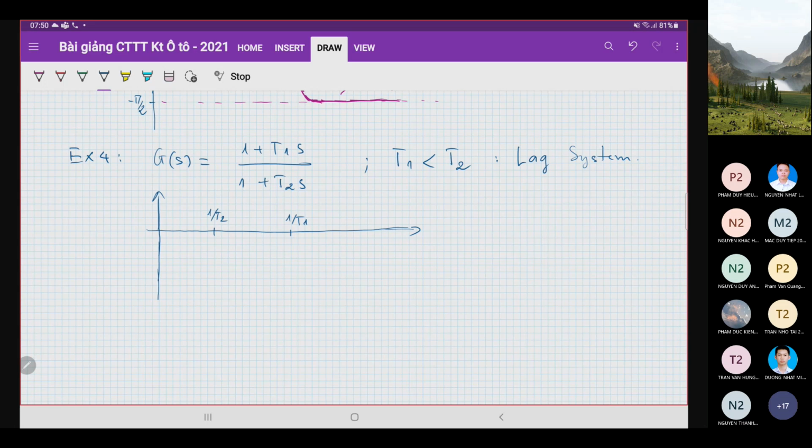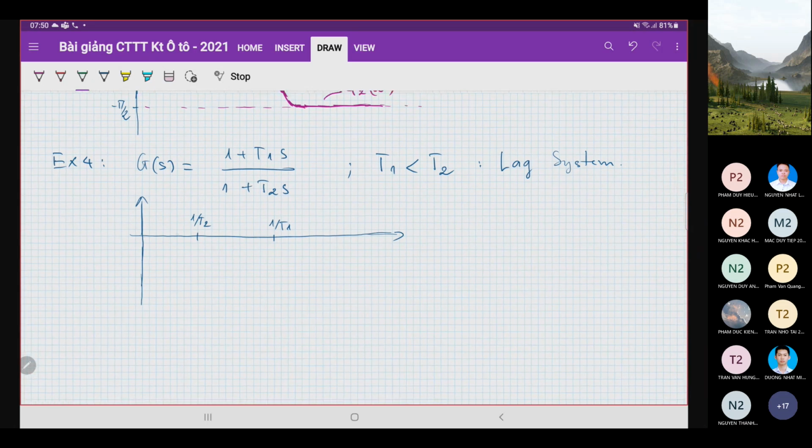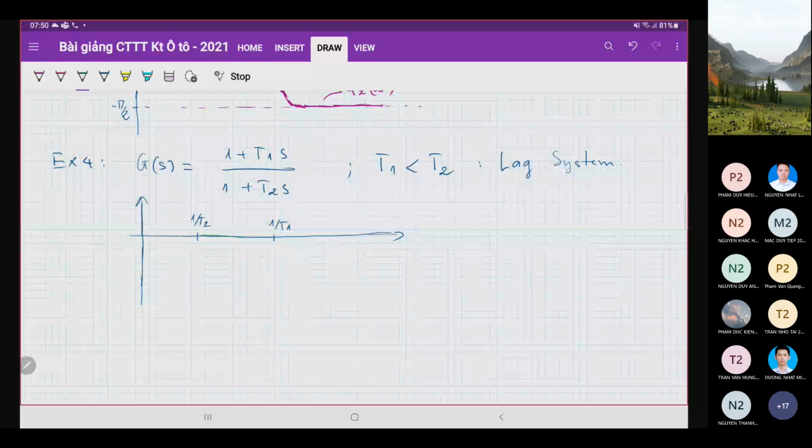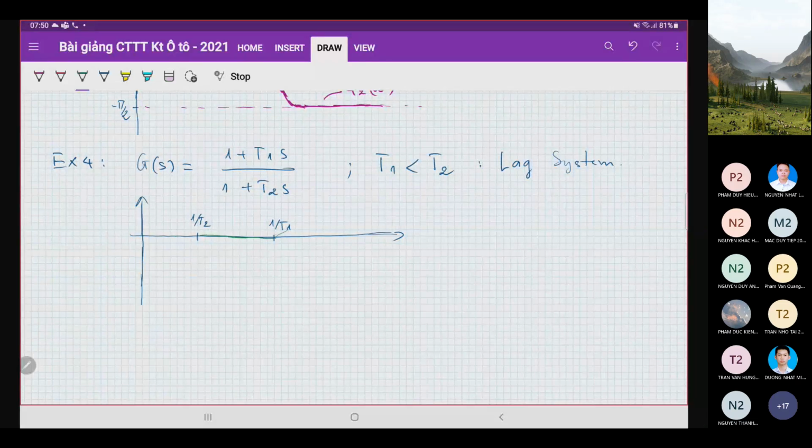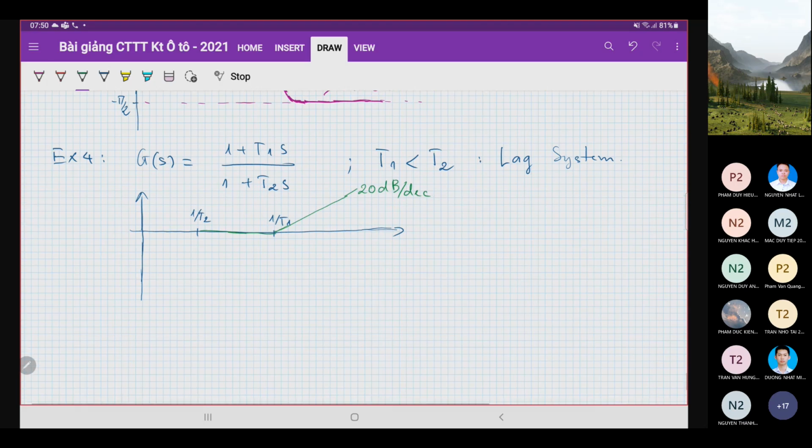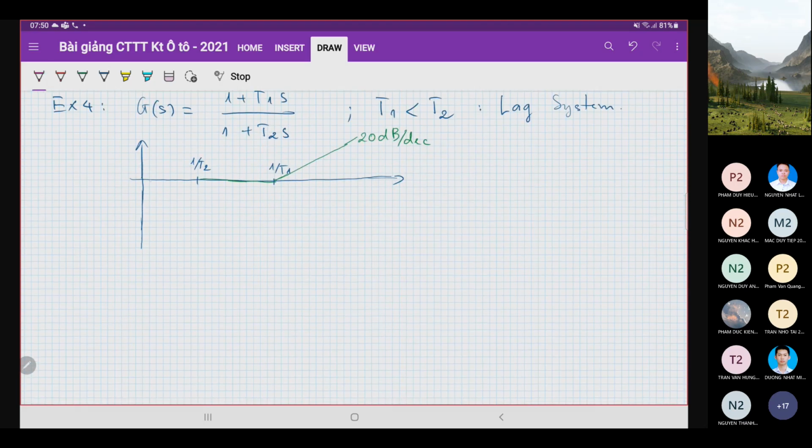We have plus 20 decibel per decade here for this one, and for the first one we have minus 20 decibel per decade here.